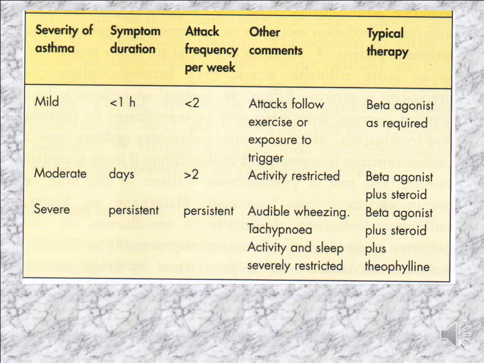Other comments: in mild, attacks follow exercise or exposure to triggers; in moderate, activity is restricted; in severe, audible wheezing, tachypnea, and activity and sleep are severely restricted. The typical therapy for mild is beta agonists as required, in moderate beta agonists plus steroid, in severe beta agonists plus steroid plus theophylline.